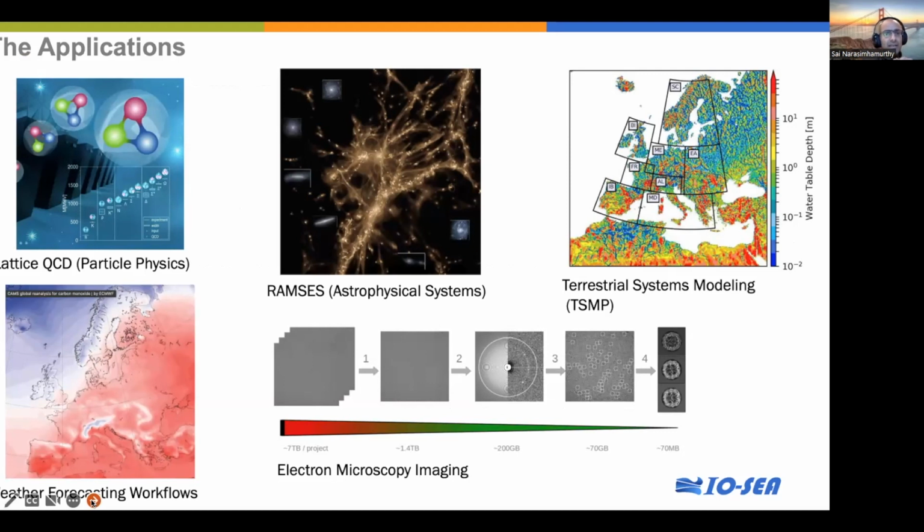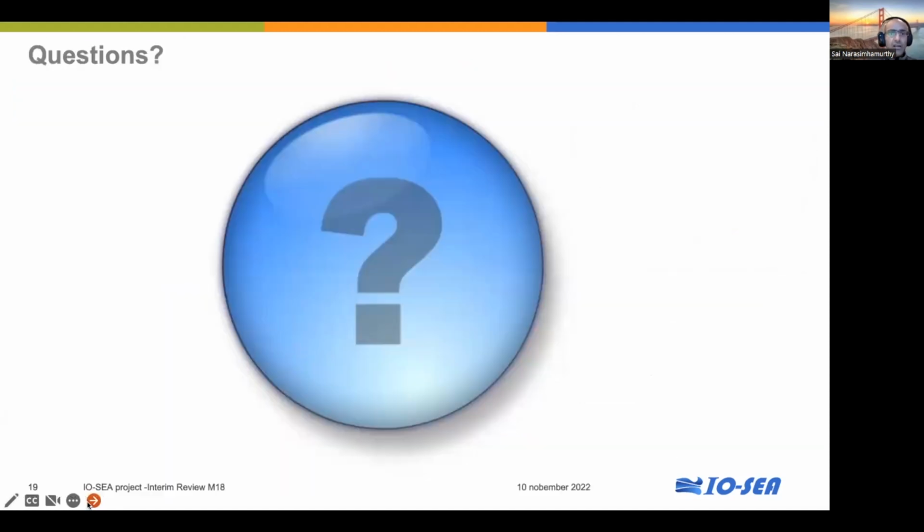We have applications from particle physics, astrophysics, terrestrial systems modeling, weather forecasting, and electron microscopy imaging, and these are all very data intensive applications. So this is a quick overview of IO-SEA, and hopefully I laid the context for the exascale IO problems that we try to solve in the project. And the focus of today obviously is going to be the object storage software piece that drives this entire IO stack.